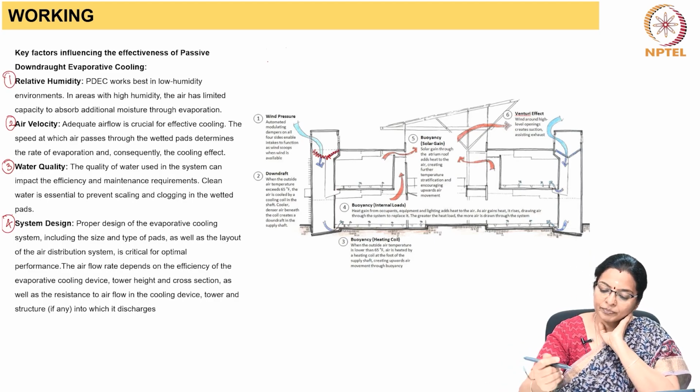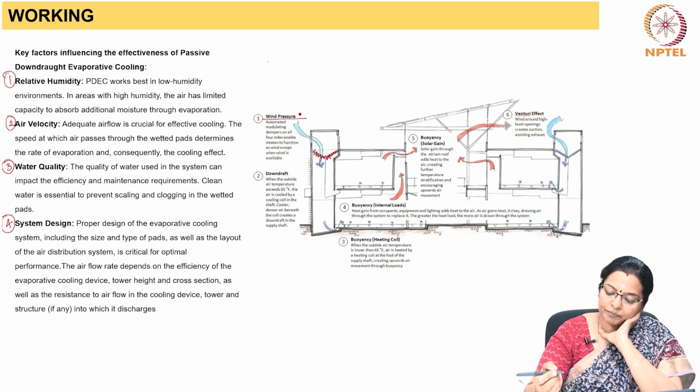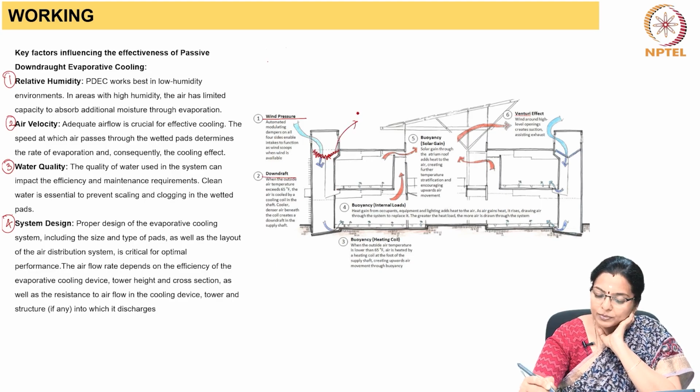As shown here, you need to have adequate wind pressure, and you need to have a downdraft, which happens when you have absorption or moisture pads.